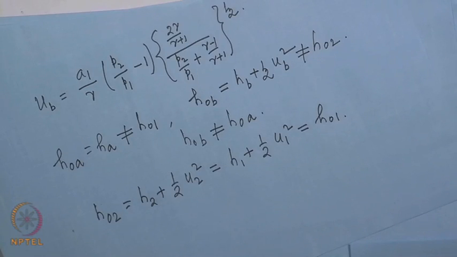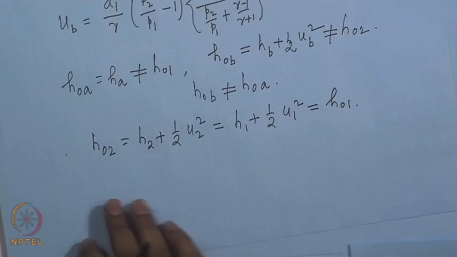And using this relationship, the total quantities or the stagnation quantities can be found behind and across the shock.